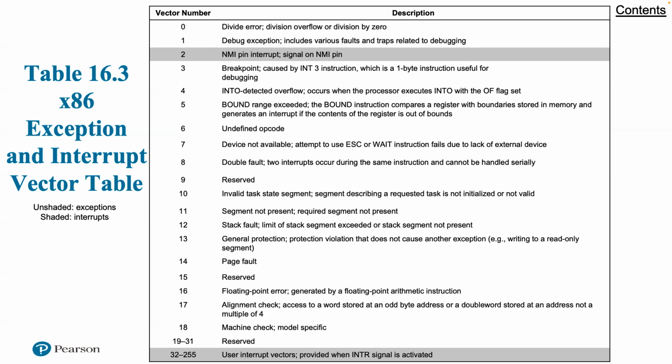Class 3 is faults from fetching the next instruction, so this would be 3 and 14. Class 4 is faults from decoding the next instruction. This would be for items 6 and 7. And then class 5, faults on executing an instruction. This would be for 0, 4, 5, 8, 10 through 14, 16, and 17.